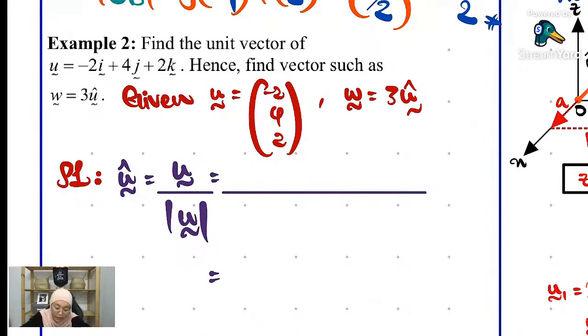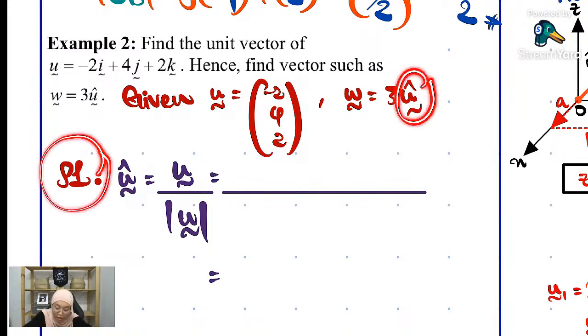Find the unit vector of U vector, negative 2i vector plus 4j vector plus 2k vector. Hence, find the vector such that W vector is equal to 3 unit vector U. Okay, this one is a bit longer because it asks us to find U hat.